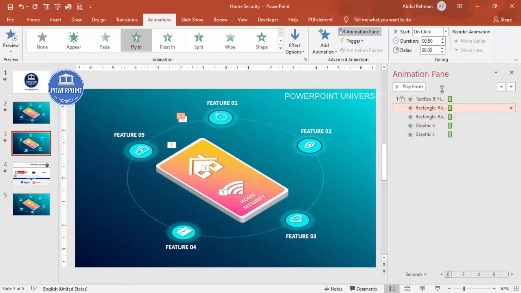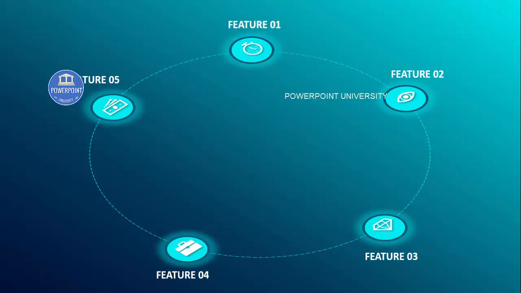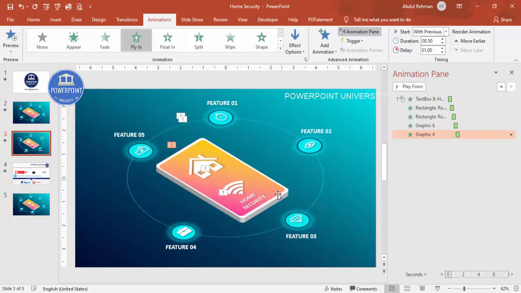And then here I'm going to increase the delay to 0.25, you can see here, and this would be 1. So if I play, it comes something like this. You can see here. So actually the text should not come here, the text should come at the last.